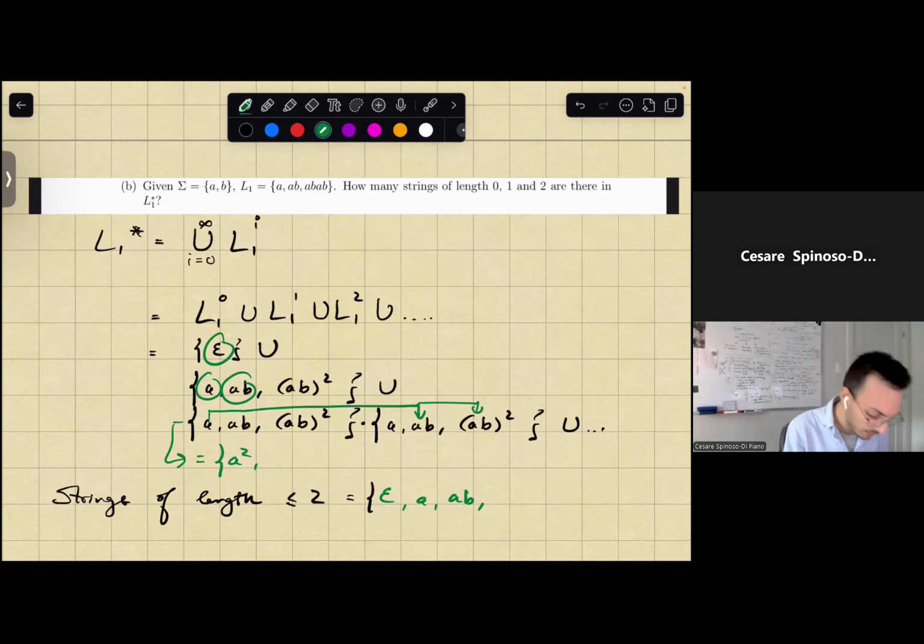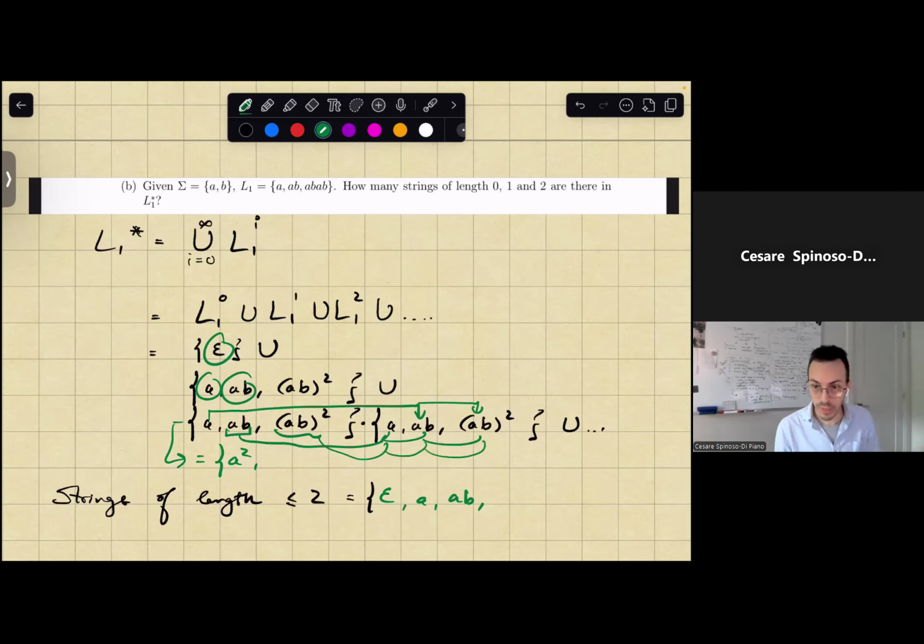I can just skip that. And then here I have a string of length 2. A string of length 2 concatenated with a string of length 1, 2, or 4 is definitely going to be greater than 2, so I don't have to compute it. And then AB squared is of length 4 already, so whatever I do, I'm not going to have something of length at most 2, so I don't have to compute it either.